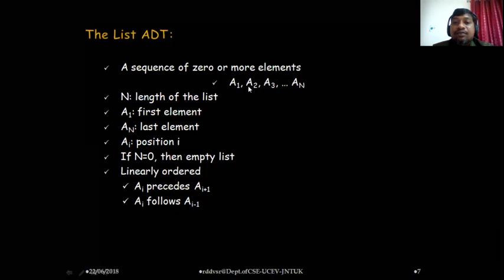A of 2 follows A of 1. So the list is simply a sequence of zero or more elements with some linear order among the elements. There is some relation. So how to implement this list?